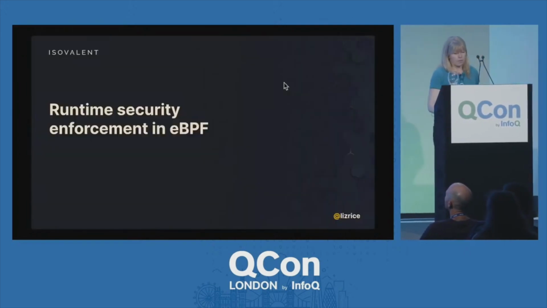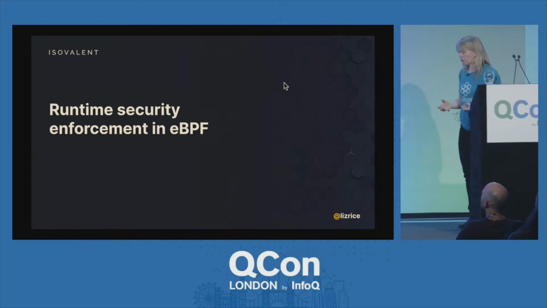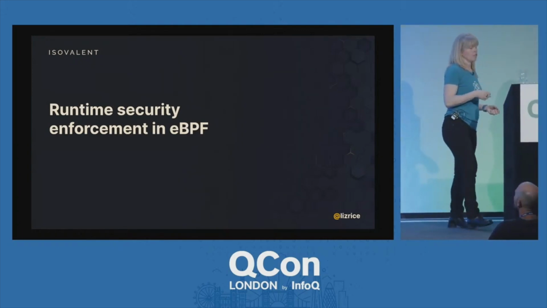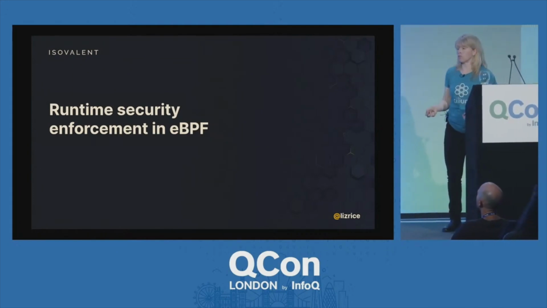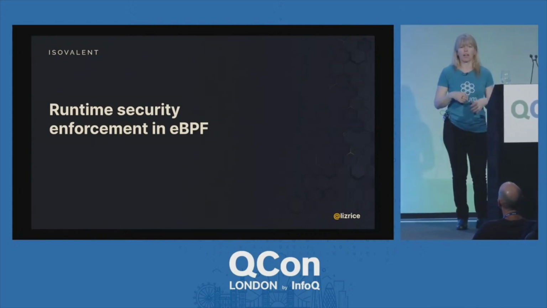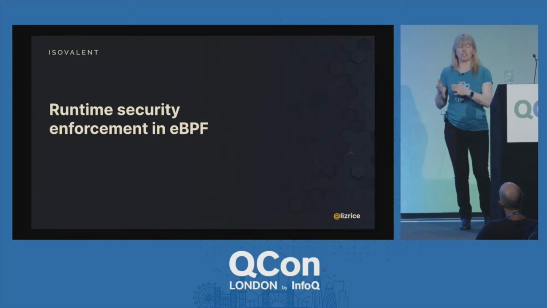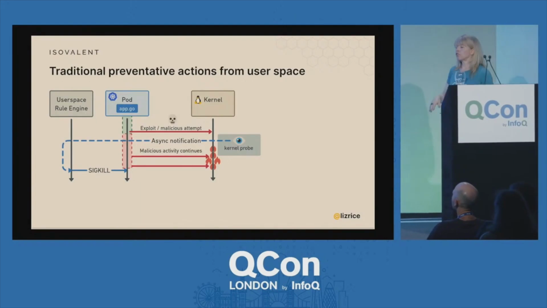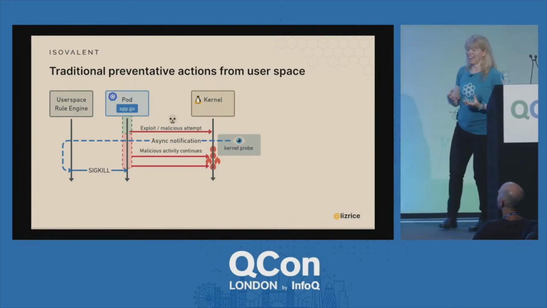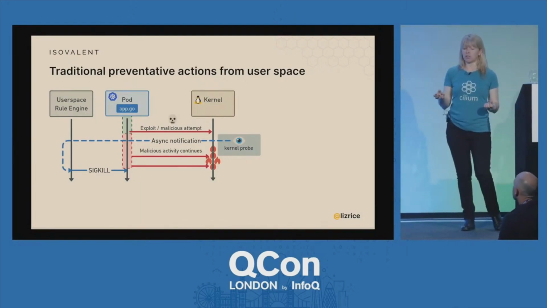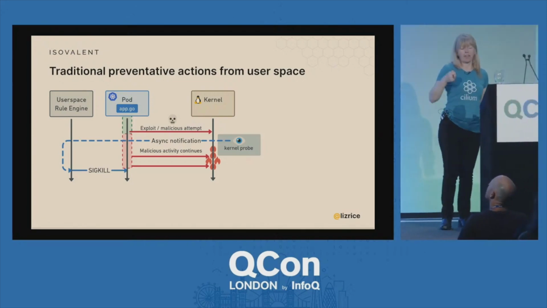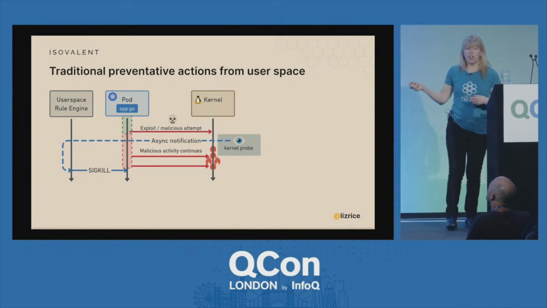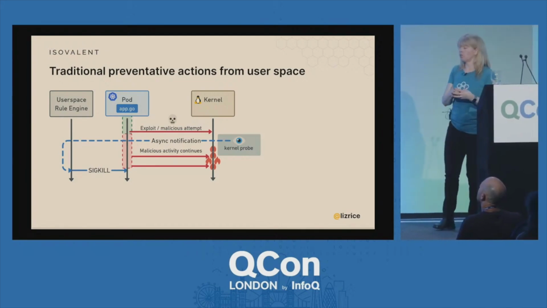Okay, so that's all well and good, spotting these security events, but can we do high-performance security enforcement with eBPF? Can we stop these malicious activities from actually happening? Traditionally, with kernel-based security tools, you might spot these events happening in the kernel, and you send the event information to user space.